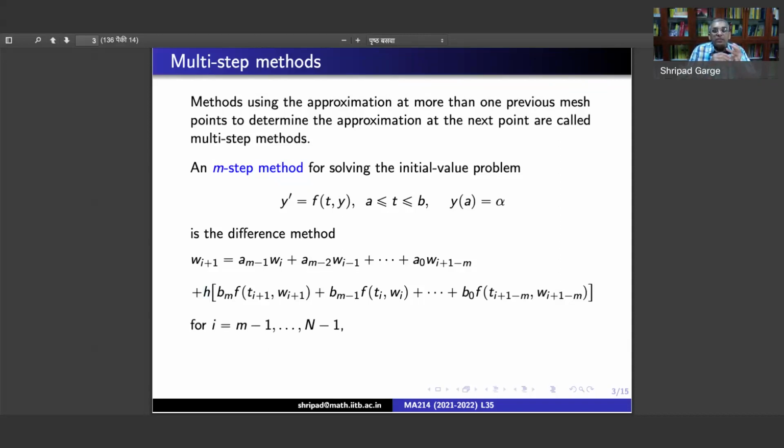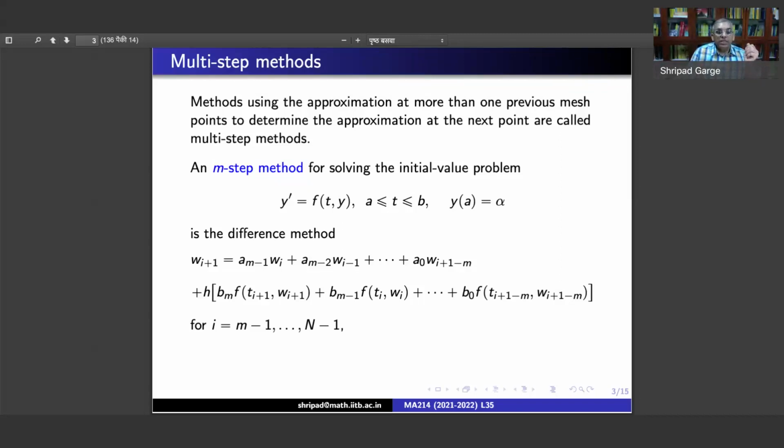You will have to have some first m values, and then once you have them, so 0, 1, 2, all the way up to m-1, these are the first m values which should be given to you, and from them you will be able to compute the m plus 1th value, which is wm.